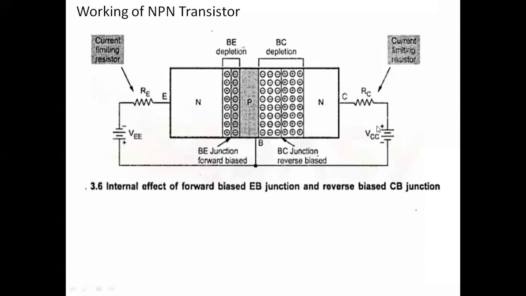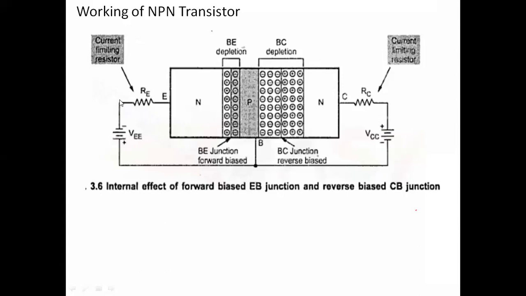This positive potential will attract the electrons which are coming towards the collector. So more number of electrons will be coming to the collector, and there will be a current.